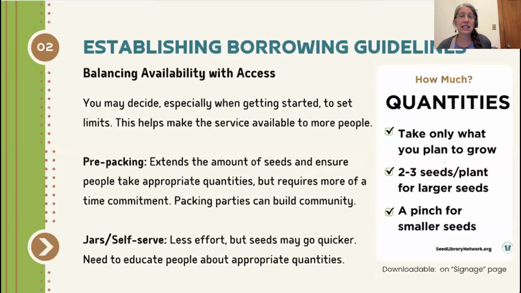So one of the things is establishing what your borrowing guidelines are. And that's going to depend on the size of your collection and your ability to put energy into this. For example, I am a middle school science teacher. I work full time and I run 2 nonprofits. So I loved the way that Basil did theirs.